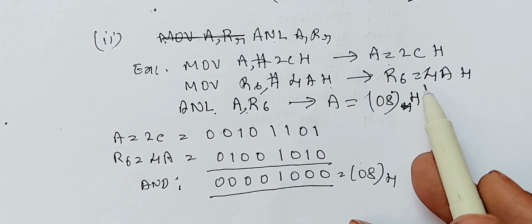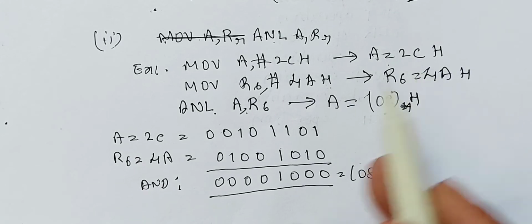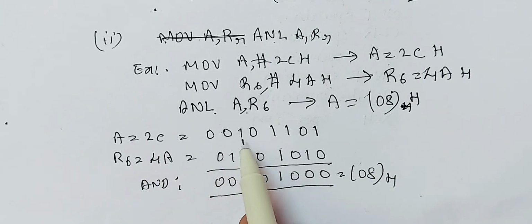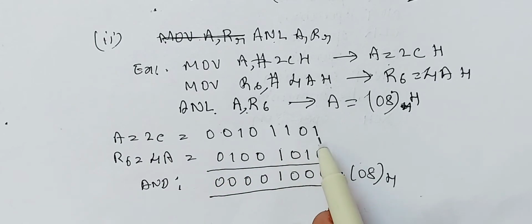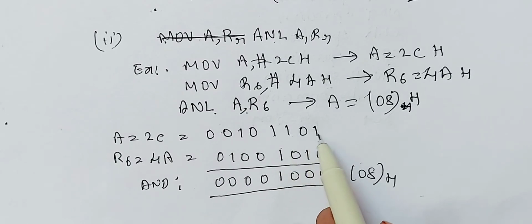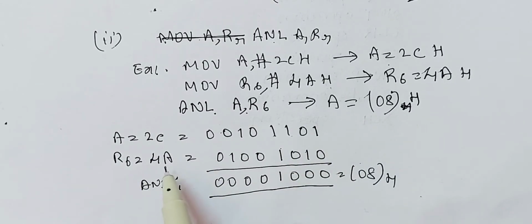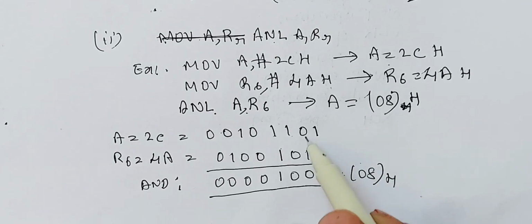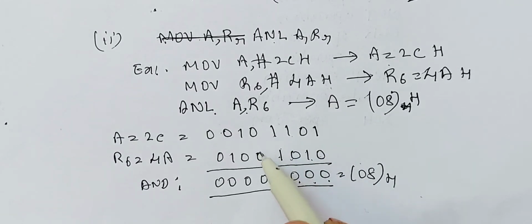Each bit of these two are in AND operation. So, since it is bitwise operation, expand this in terms of bits. 2C means 2 is 0010. C means 1100, C means 12. 4A is 0100. A means 10, 1010. Perform bitwise operation AND. 1 into 0, 0. 0 into 1, 0. 1 into 0, 0. 1 into 1, 1. 0 into 0, 0. 1 into 0, 0. 0 into 1, 0. 0 into 0, 0.